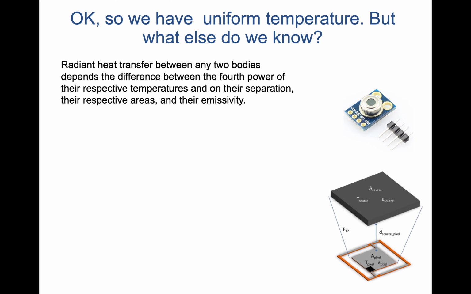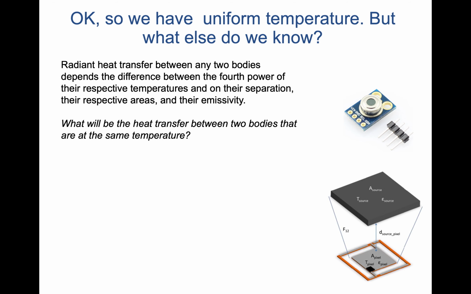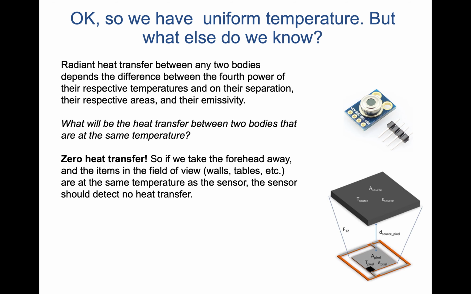It's a fairly complicated equation. But what will be the heat transfer between two bodies that are at exactly the same temperature? Suppose the source and the sensor are at the same temperature. Well, there's zero heat transfer. So for radiant heat transfer, it's important to know that if there's no temperature difference, there's no heat transfer.